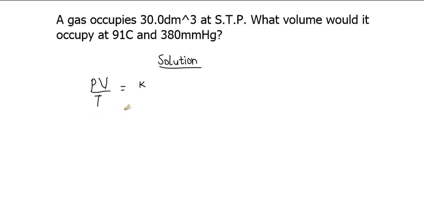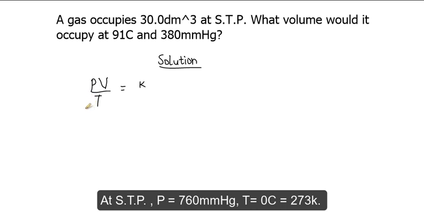Now, we are given the initial volume of the gas and the initial pressure, as well as the temperature at STP, which is 760 mmHg. That is, the pressure of a gas at STP is 760 mmHg, while the temperature of a gas at STP is 0 degrees Celsius.